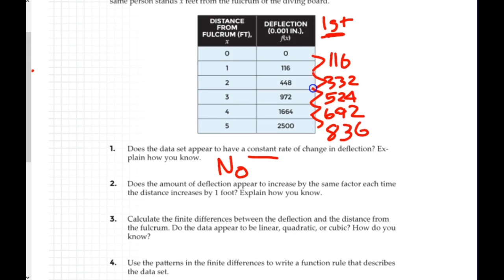Number 2, does the amount of deflection appear to increase by the same factor? Let's divide these.